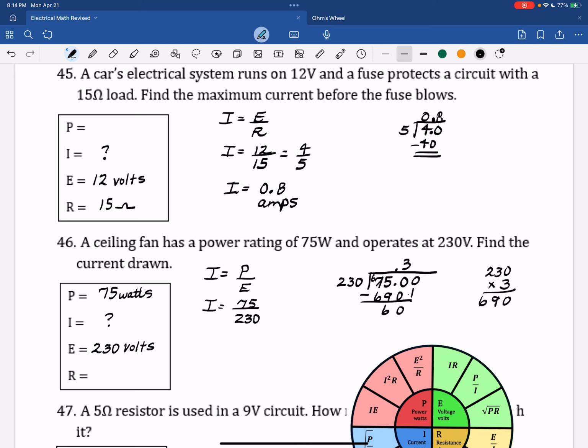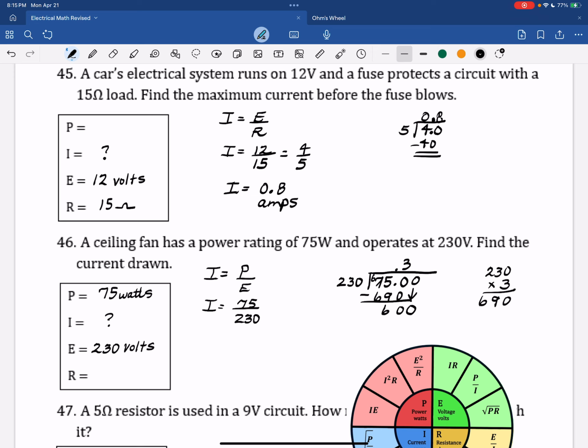And then bring in a 0. Am I doing that? I'm going to cheat on this one, guys. 75 divided by 230. It was not a third. See, I'm operating under the assumption that it's a third, and it's not. It's close, but it's not.